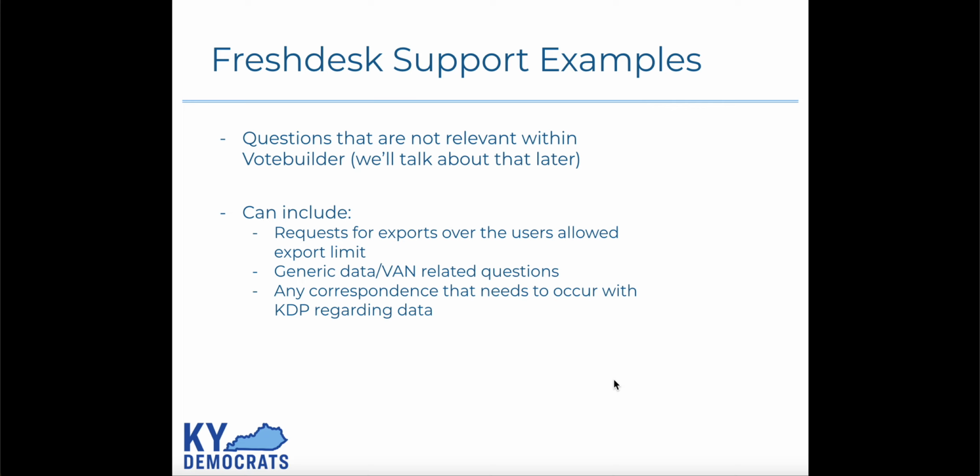Any generic data VAN-related questions, so if it's any of our reporting documents, updates about the voter file, those are some of those issues, and just anything that needs to occur regarding data, but not necessarily Vote Builder. This is really the best place to do that.